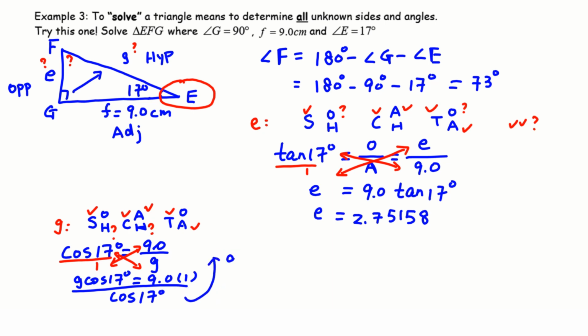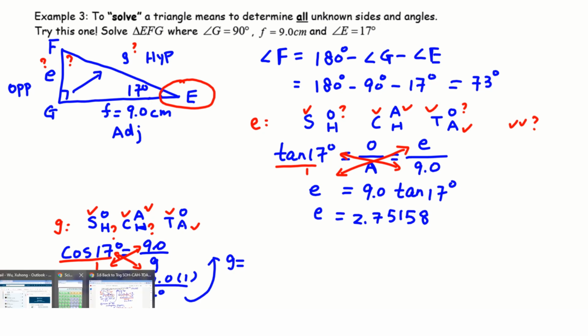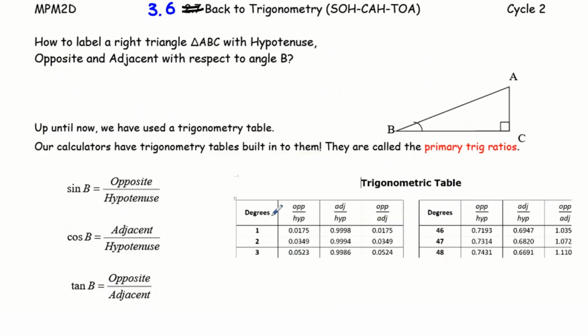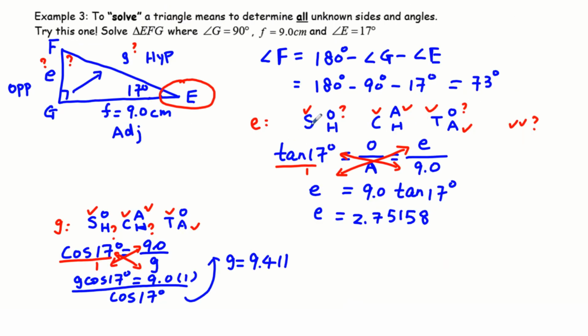Then you will have G equals 9 divided by cosine 17. So 9 divided by cosine 17 equals 9.411. Now we have solved all three unknowns. So this side is 9.411.